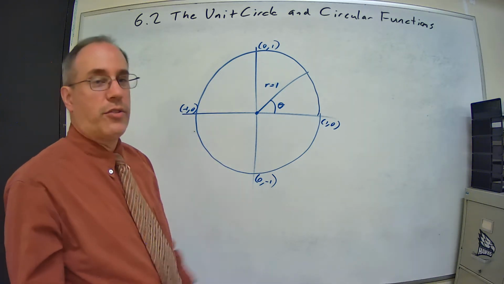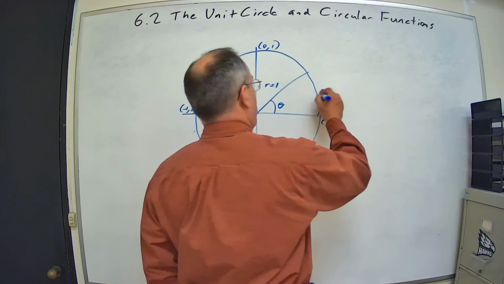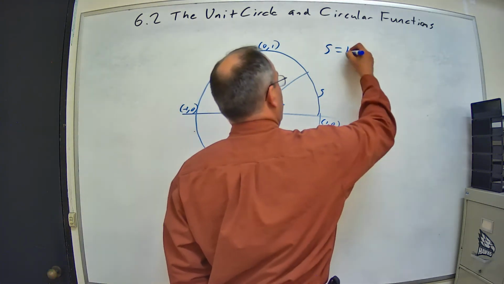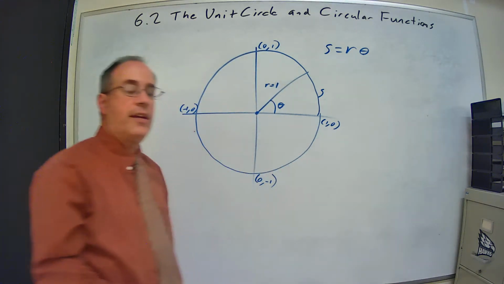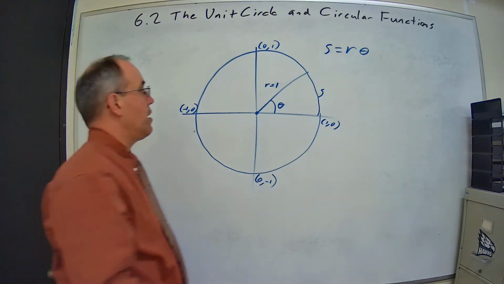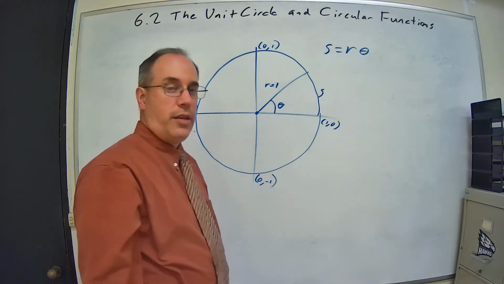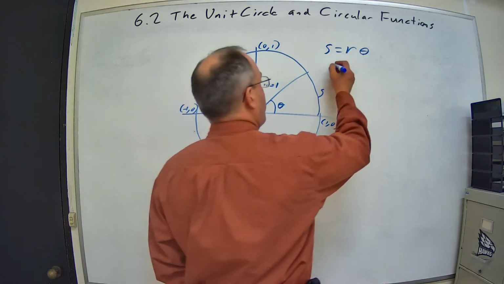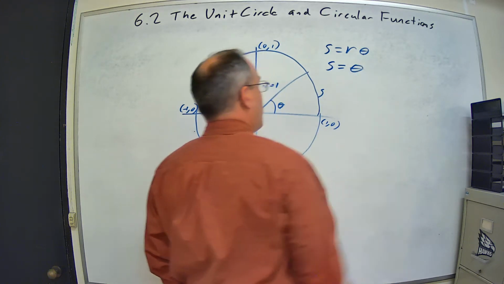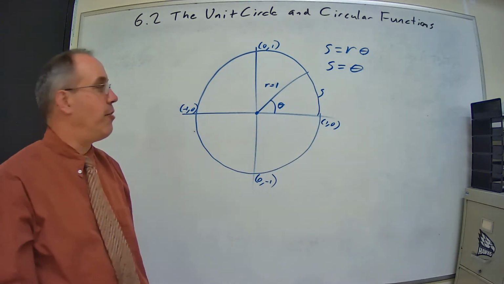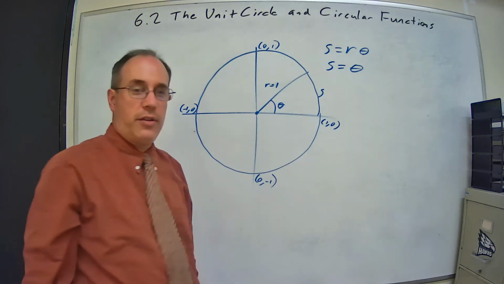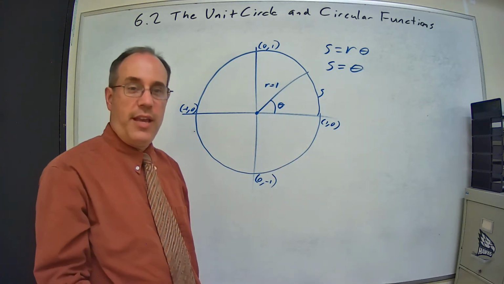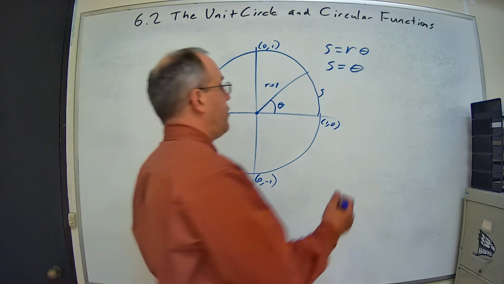Also, we can point out something. If you remember, the length of the arc S is equal to r theta, where theta is in radians. If r is equal to 1, so on the unit circle, then S is equal to theta, meaning that if we know the length of the arc, then we can substitute that in place of theta in the trigonometric functions.